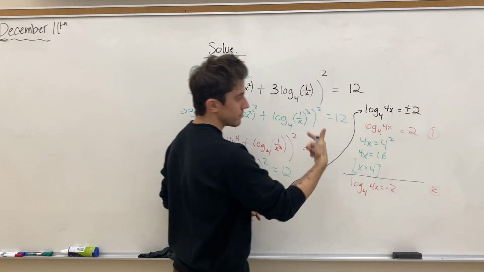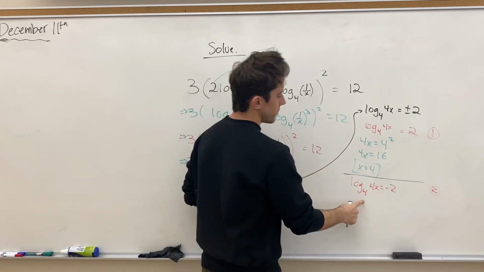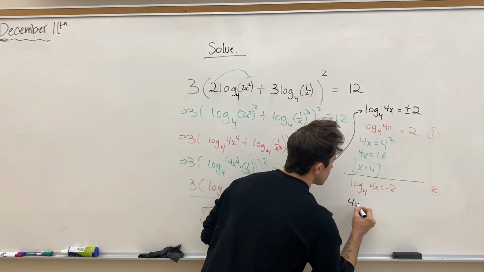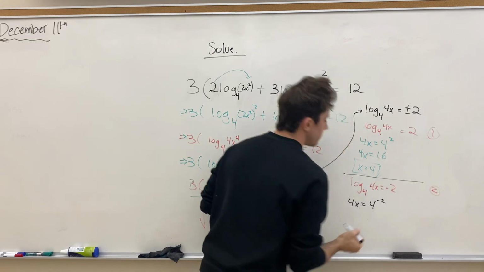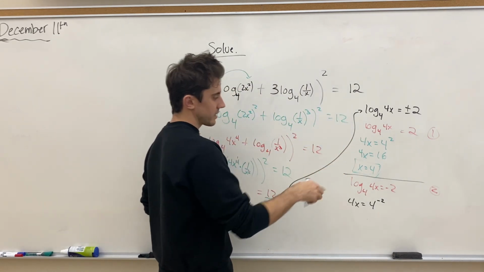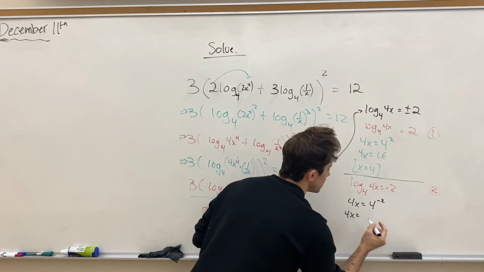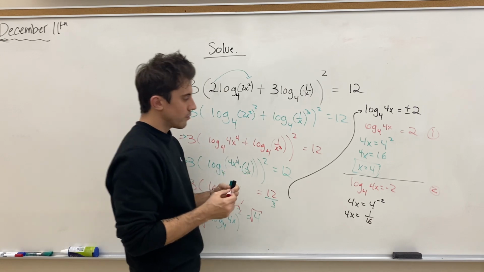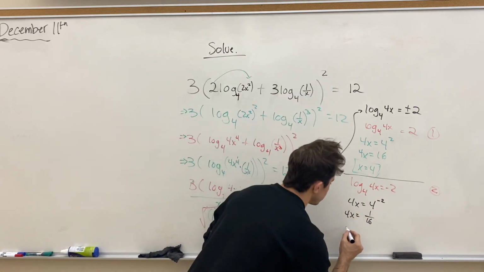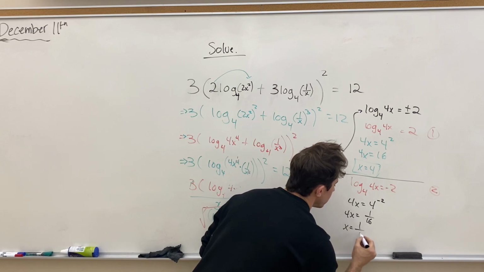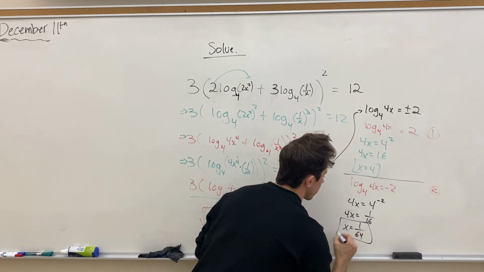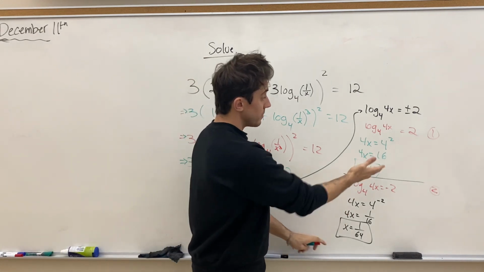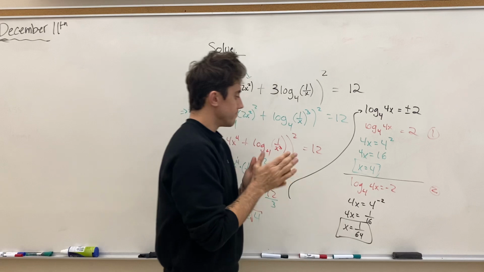Then of course, by the same argument, the base of the log can become the base of the exponential, and so we get that 4x is equal to 4 to the -2, right? With an exponent of -2, which means that 4x is equal to 1 over 16. And now dividing both sides by 4 garners the solution of x is equal to 1 over 64 for a second solution, okay?